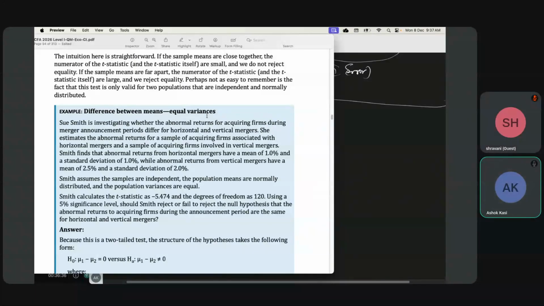She estimates the abnormal returns for a sample of acquiring firms associated with horizontal mergers and a sample of acquiring firms involved in vertical mergers.